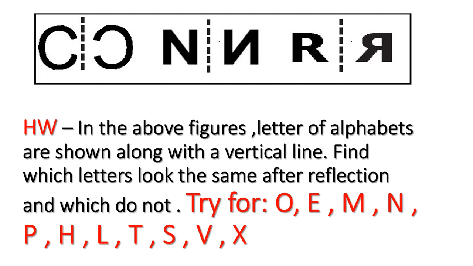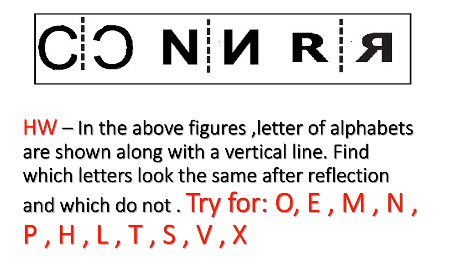You have to find the letters in which the mirror reflection is also the same, so there is no change whether we look at it with our eye or in a mirror reflection, and find those letters in which there is change.